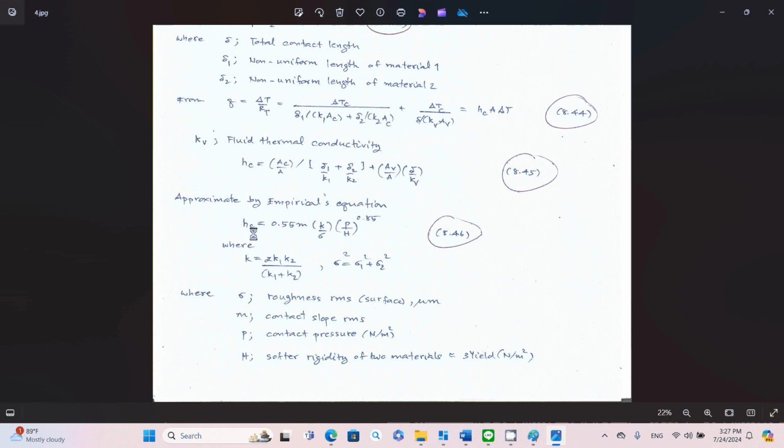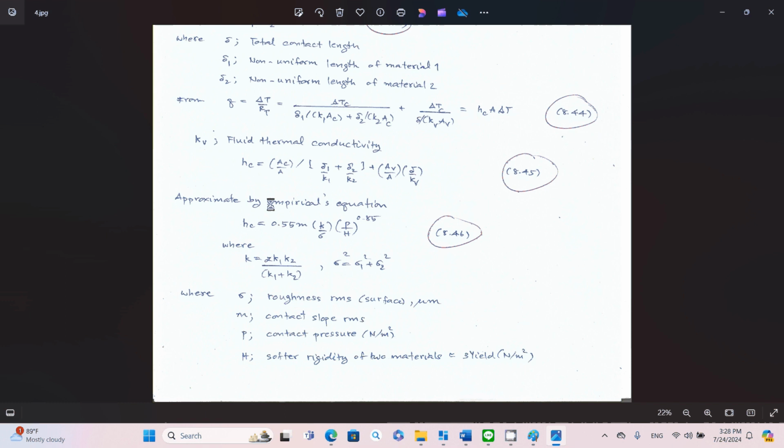That's why you have P right here, and H is the soft rigidity of the two materials, about 3 times the yield, in units of Newton per meter squared. Okay, so just to let you know what's going on when you have imperfect contacts.